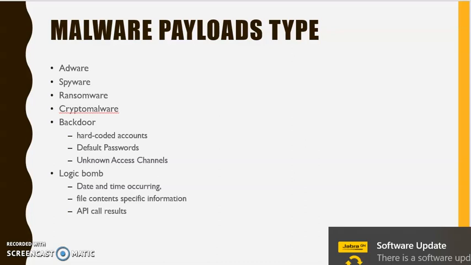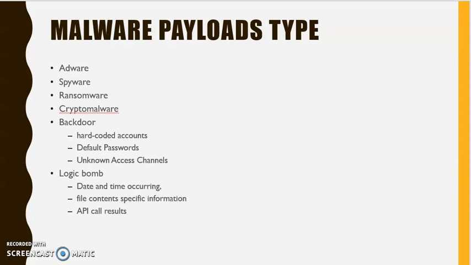The customer might not want the vendor to have access to the system once it has been installed. So what are the different backdoor mechanisms? It can be hard-coded accounts, where there is a specific username and password that will always grant access to a system. Default passwords that users might not remember to change. Unknown access channel, where there is a way to gain access to the system without going through the normal authentication process. This is a very dangerous thing.